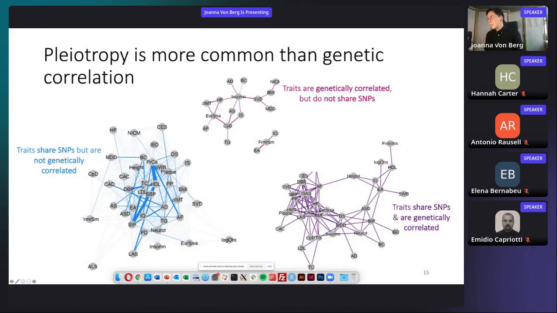And here on the bottom right are the traits that both share SNPs and are genetically correlated. So this is a combination of the previous two situations. And we see that by far most trait pairs at least share SNPs.